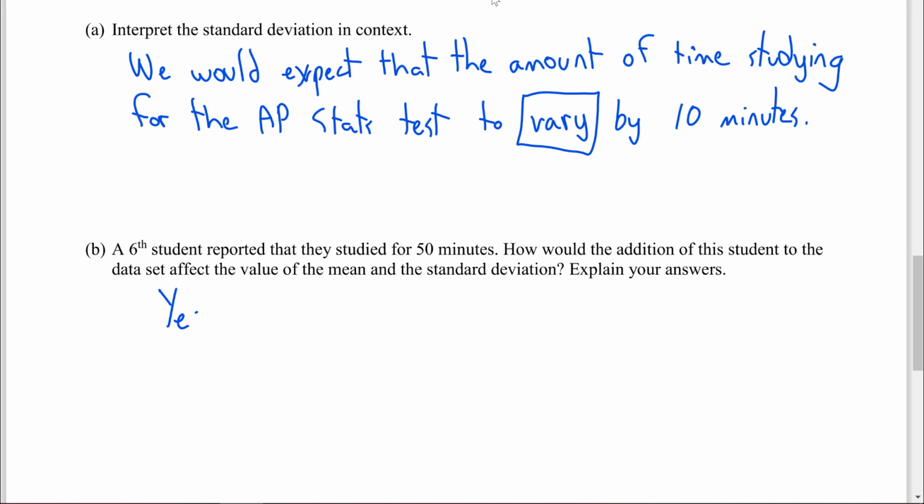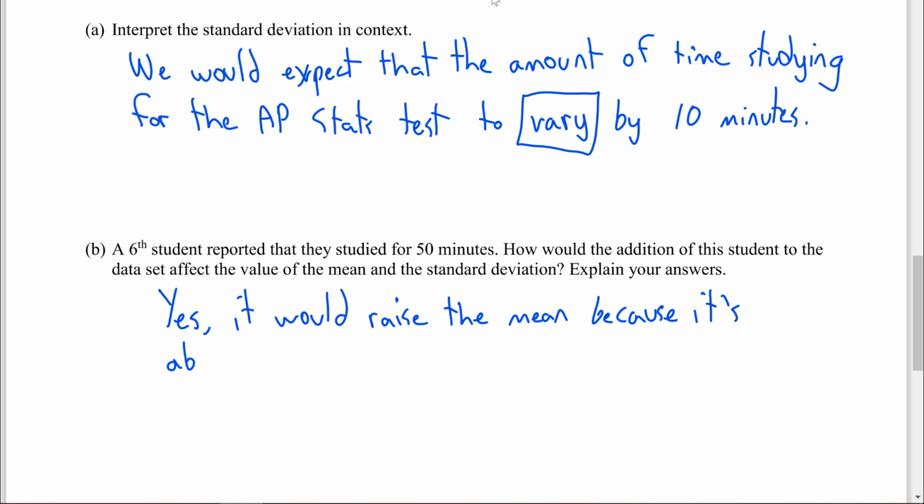Yes, it would raise the mean, right? Because it's above our average. And the standard deviation would actually decrease. And that's because that number is closer to the mean than our standard deviation. So it's going to make our spread tighter.